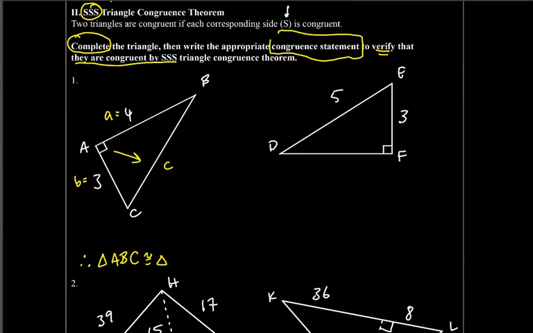Okay, so A squared plus B squared equals C squared. So that's 4 squared plus 3 squared equals C squared. 16 plus 9 equals C squared. 25 equals C squared. So square root everything. C equals 5.